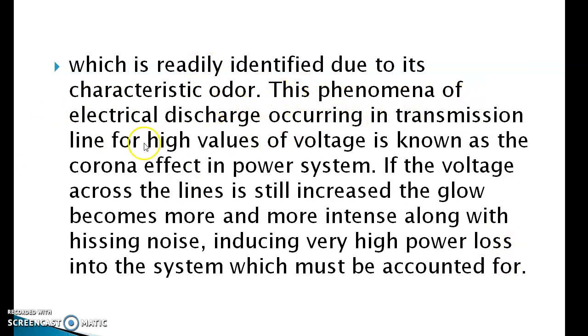This phenomenon of electrical discharge occurring in the transmission line for high values of voltage is known as corona effect in the power system. If the voltage across the line is increased still further, the glow becomes more and more intense along with the hissing noise, inducing very high power loss into the system, which must be accounted for.